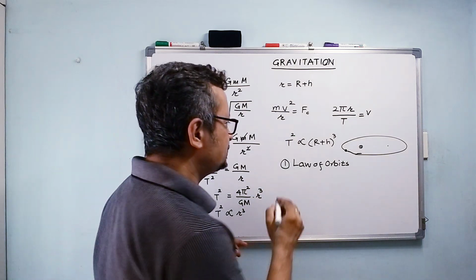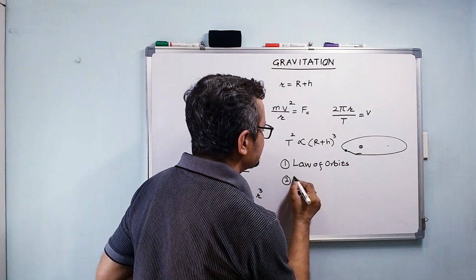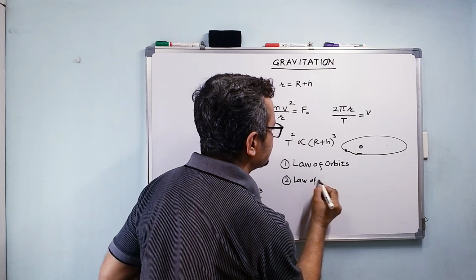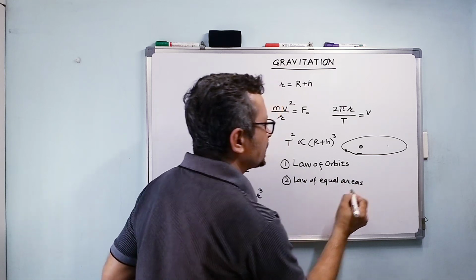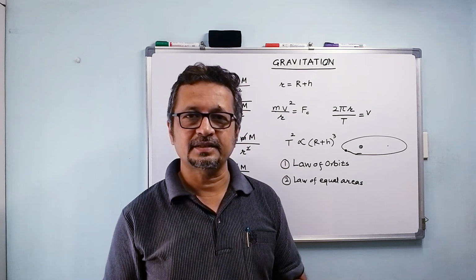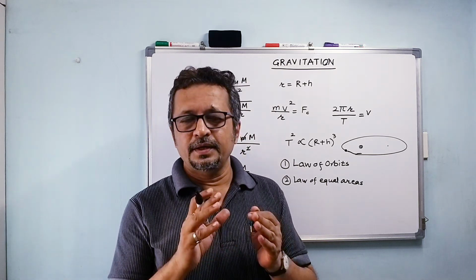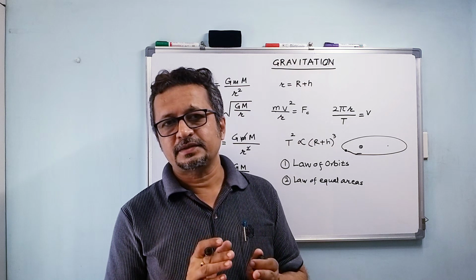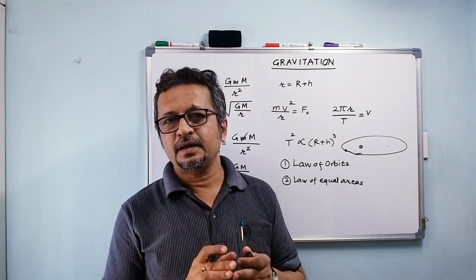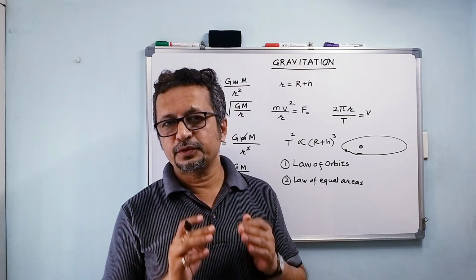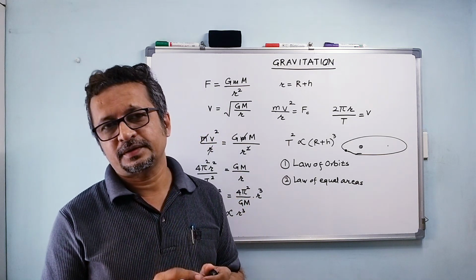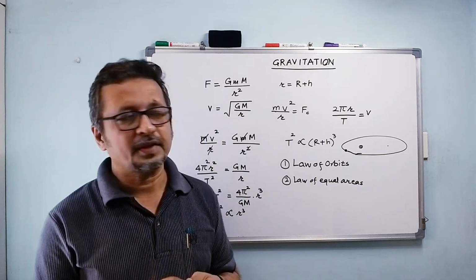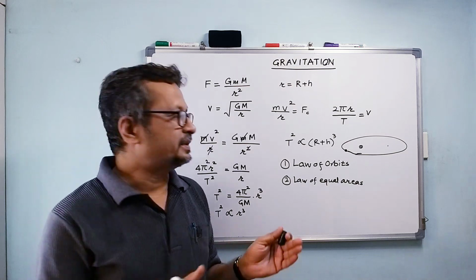Now the second one is the law of equal areas. The statement of the law of equal areas is, in equal time intervals, the area swept by the position vector drawn from the planet to the sun is the same. Now let me explain this.